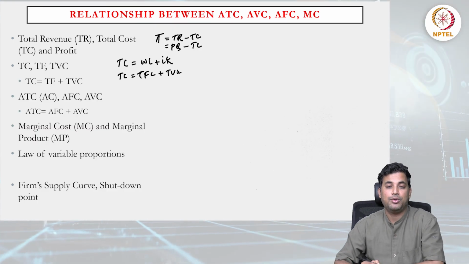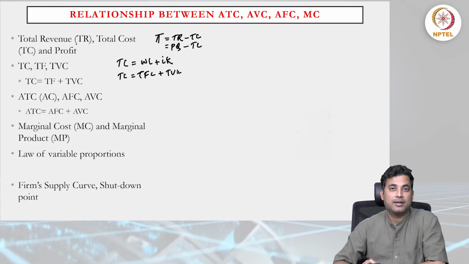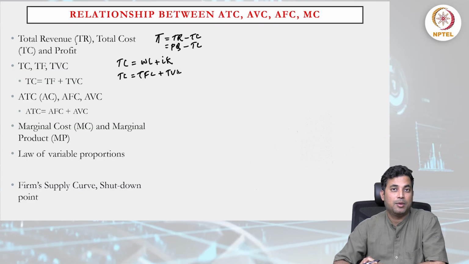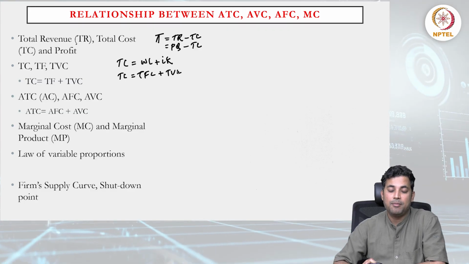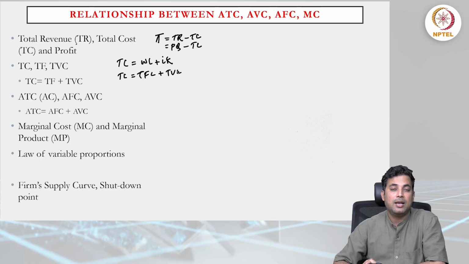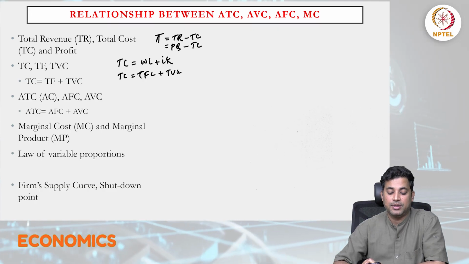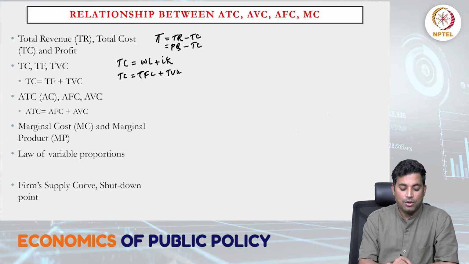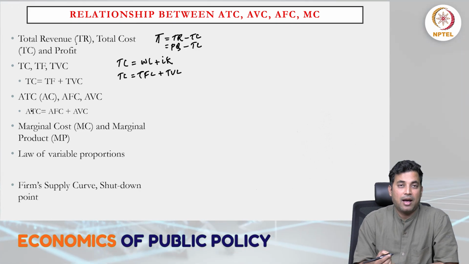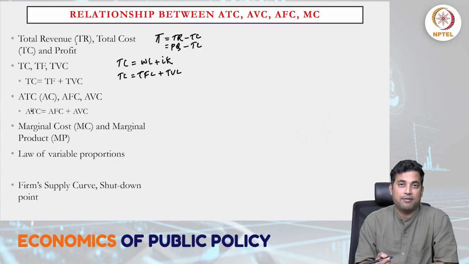As we already know, a couple of costs at the time of production are fixed for the firm, and some of the variables like labor and capital are the variable cost for the firm, and those are total variable cost. So what is average total cost, or average fixed cost and average variable cost?